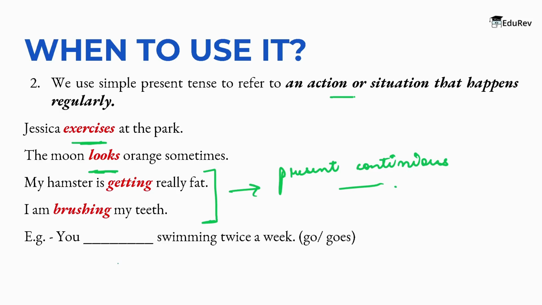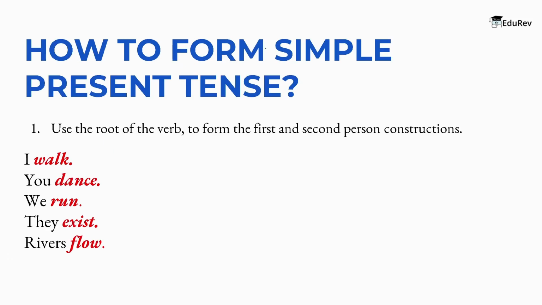For example, you dash swimming twice a week. So you go swimming. If it would be they, so it would be you go swimming twice a week. Alright, so let's see how can we form simple present tense. Now, out of all the different verb tenses, simple present tense is relatively easier to formulate.